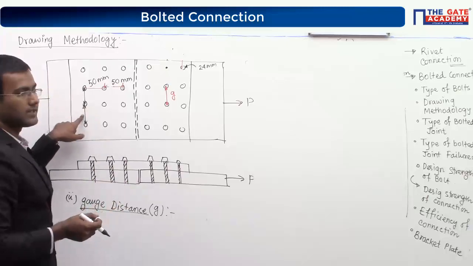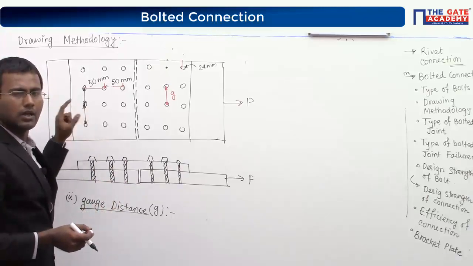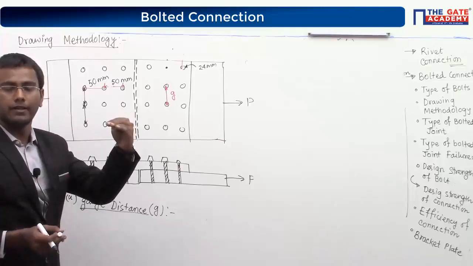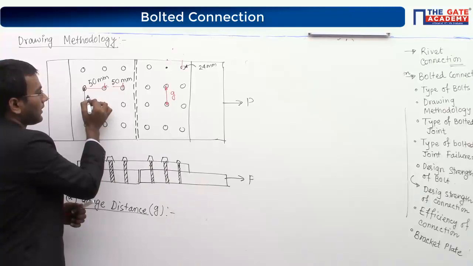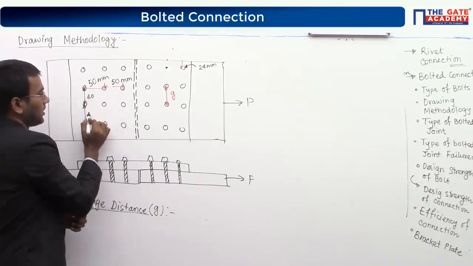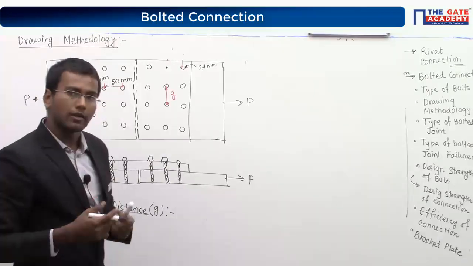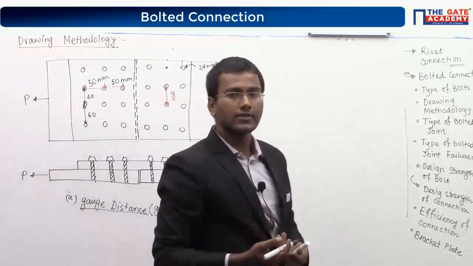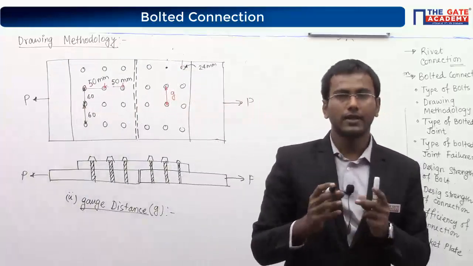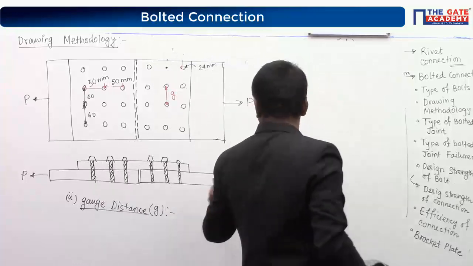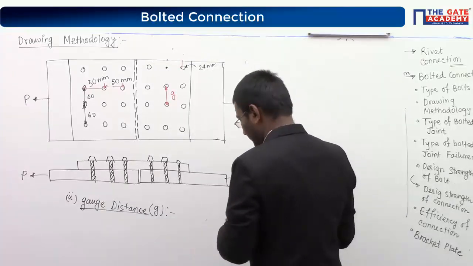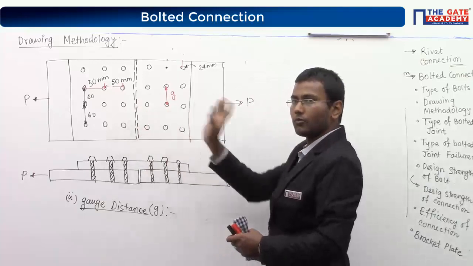This one and this one is 50 minimum, but I should take a little bit more than 50. That's why we either take 50 or we can also take 60. A little bit more is actually good for design purposes. After gauge distance, you can also take 50 by 50, no problem.